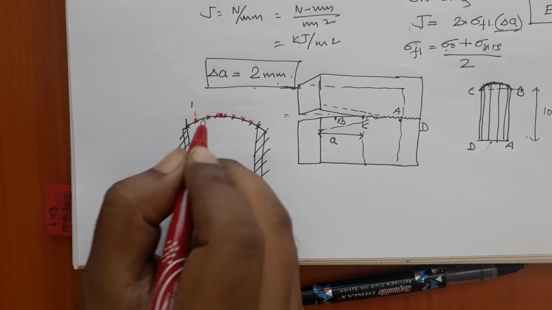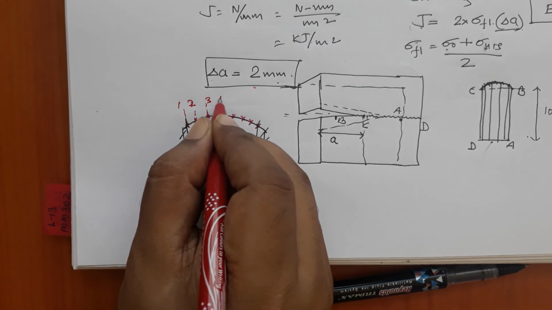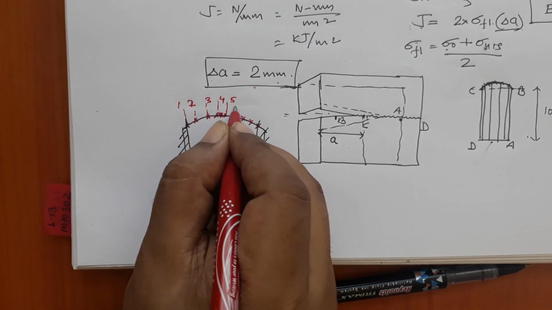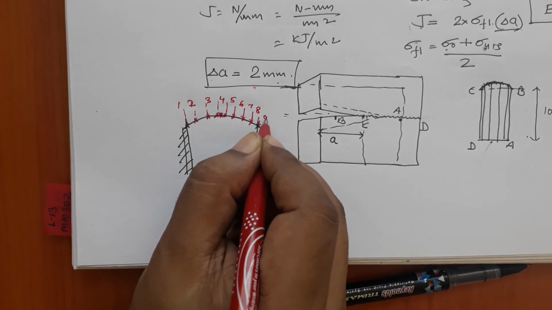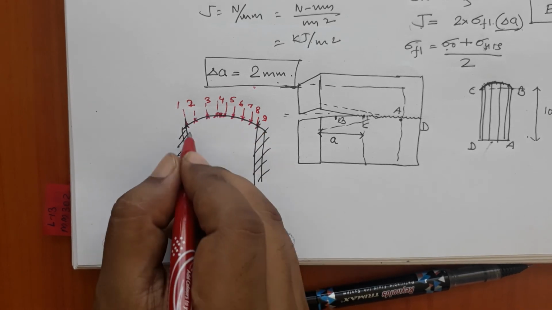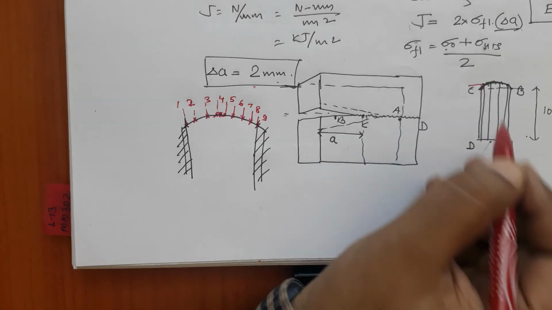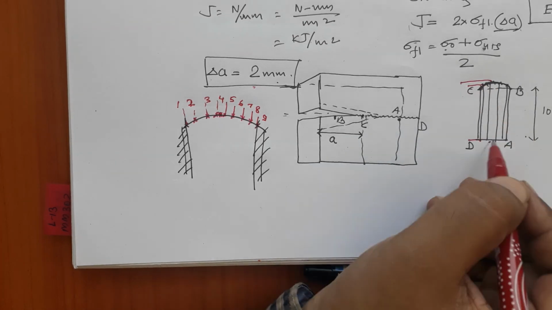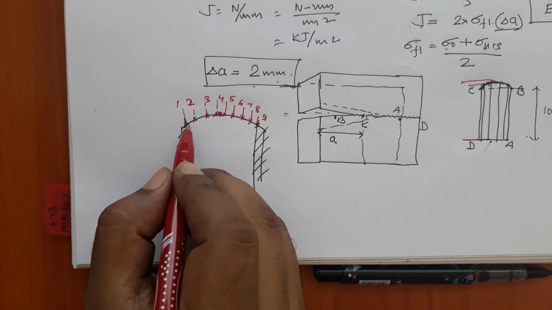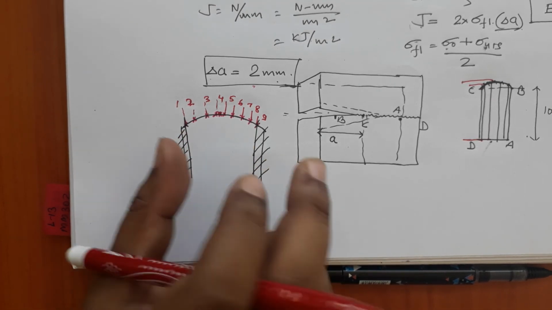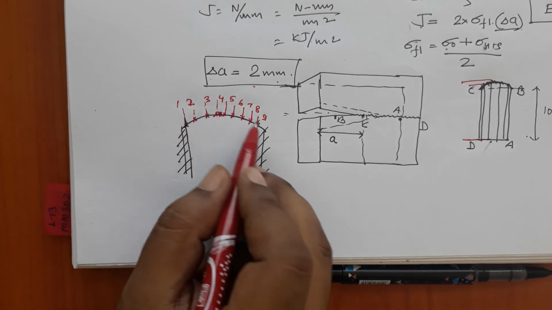So, this is my 1, this is 2, 3, 4, 5, 6, 7, 8, 9. So, at these 9 points I take the length, this whole length, okay. So, this distance, then that distance, and so on, and then depending upon where they are, you have a special average formula which is used to take the average value of these 9 points.